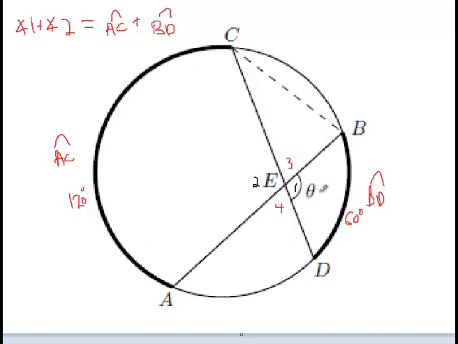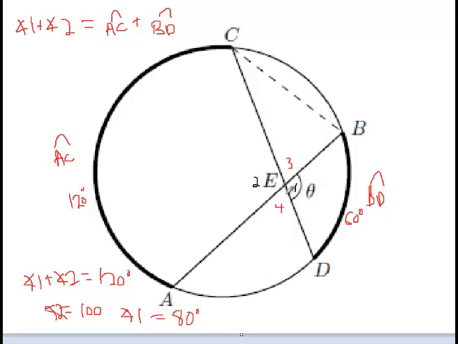Well, that means these two arcs combined are 180, which would also mean that angle 1 plus angle 2 is 120 degrees. So, for example, if I told you that angle 2 equaled 100 degrees, well, then you would know that angle 1 has to equal 80 degrees.